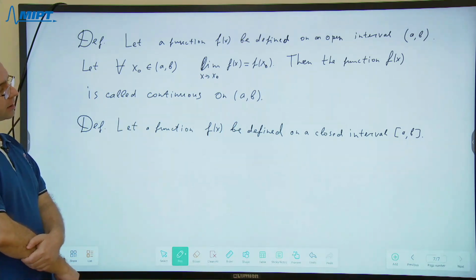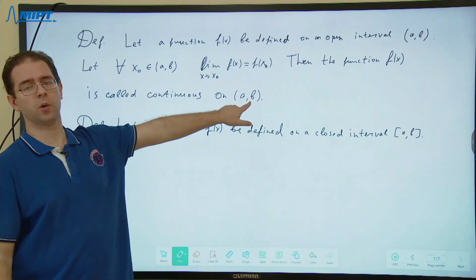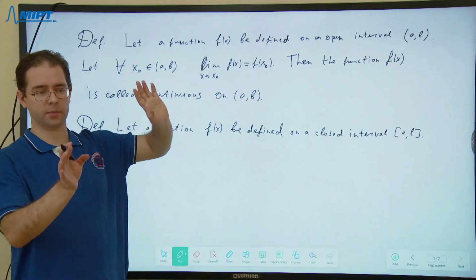Now, this closed interval contains a similar open interval if we exclude the endpoints.